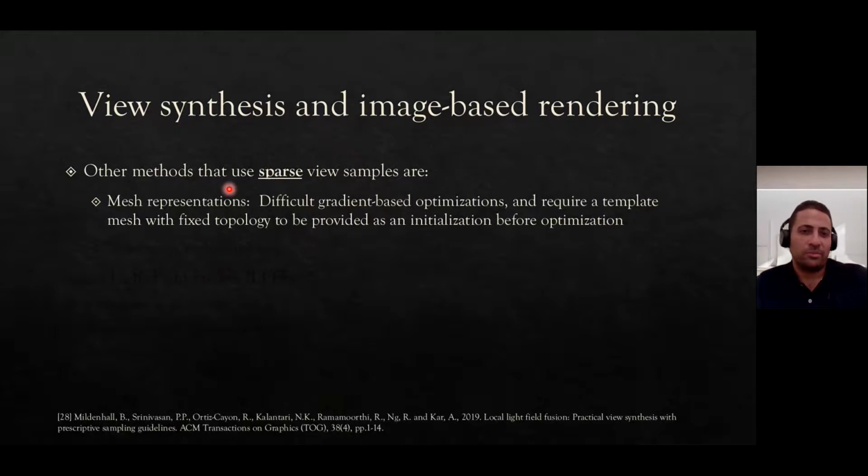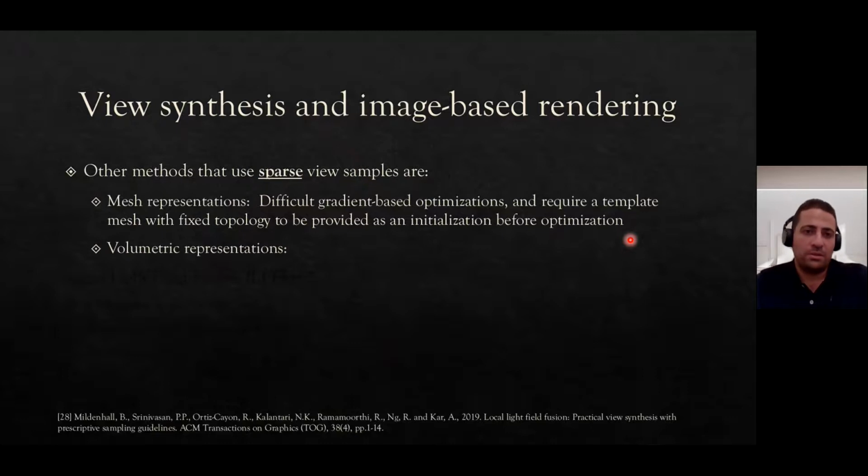However, there is something called mesh representation. However, they are difficult to do gradient-based optimization on using neural networks. And they require something called a template mesh with fixed topology to be provided as initialization. So it does train on images. However, you must give it some kind of 3D template of the object before you optimize the neural network. So this is just the basic idea.